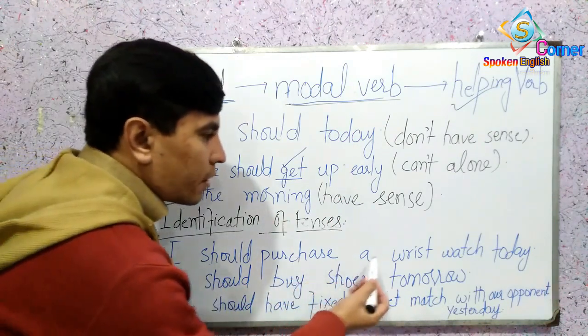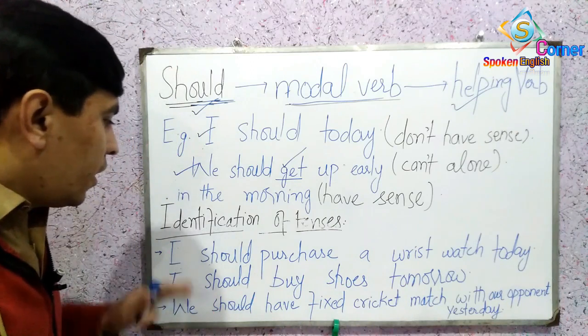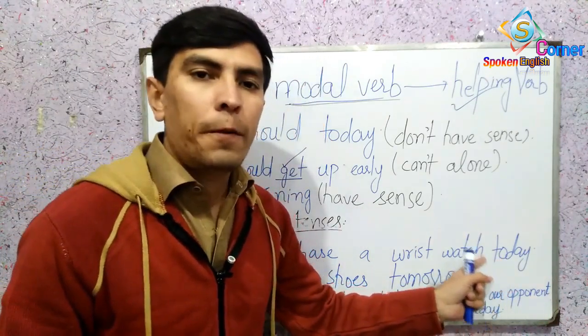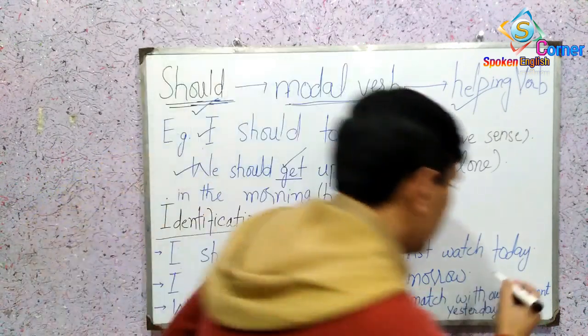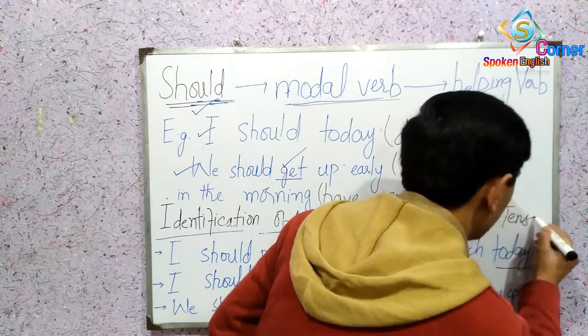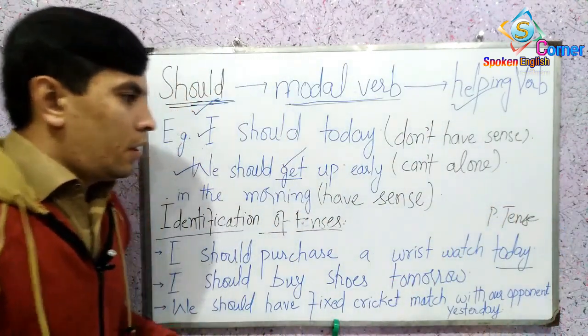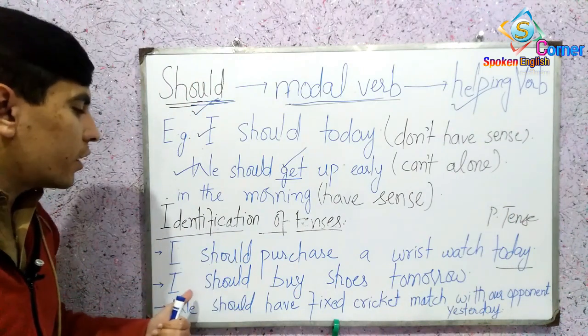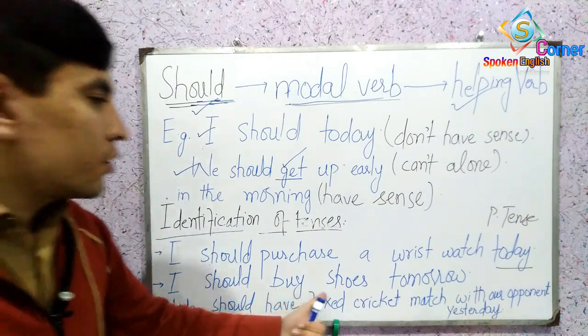I should purchase a wristwatch today. If you concentrate here, "today" is the sign of present tense. Moving ahead from the first statement, the second one is: I should buy shoes tomorrow.